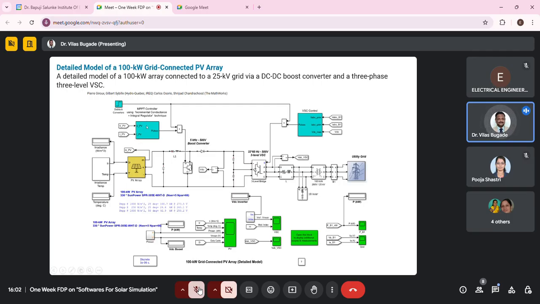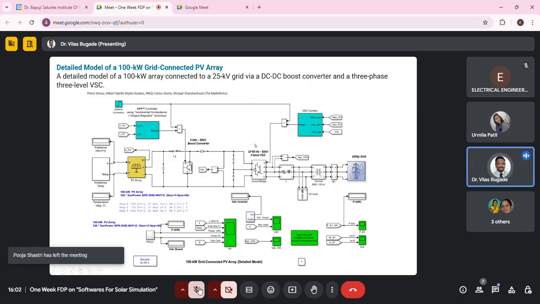This PV array model was available and will give the output. For controlling, we had these boxes, and then a bridge level inverter was here. This is the load from the grid side. This was the point of common coupling where we can integrate the electricity.